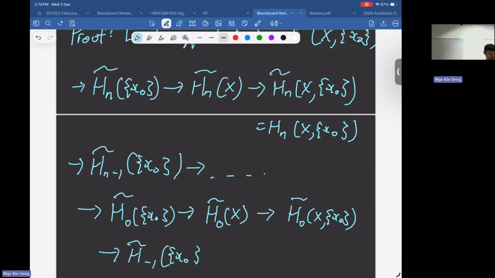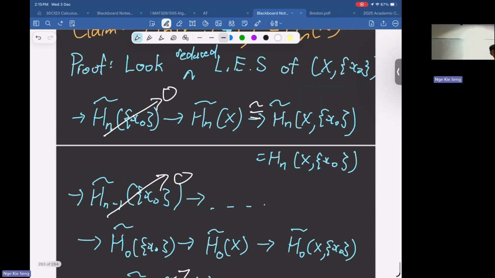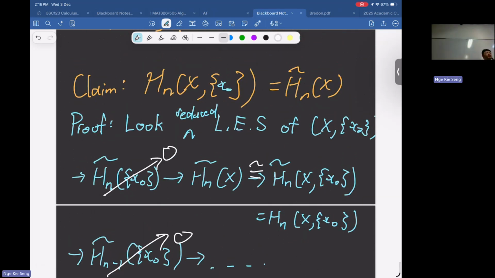Do that like that. Okay. So what can you see? Because the reduced homology of a point is always 0, you can see that these two terms are squeezed between 0s. So they are isomorphic. So this is one way to get reduced homology, is to take the relative homology against a point. Okay. This is one way to get reduced.